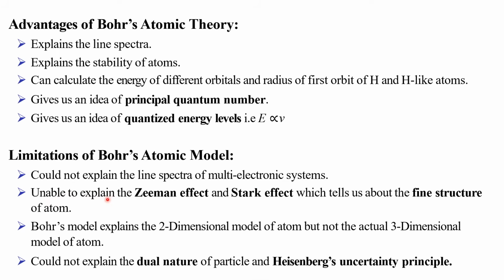It is unable to explain the Zeeman effect and Stark effect, which tell us about the fine structure of atoms. Bohr's model explains a two-dimensional model of the atom, but not the actual three-dimensional model. It could not explain the dual nature of particles and Heisenberg's uncertainty principle. So, these are the limitations of Bohr's atomic model.